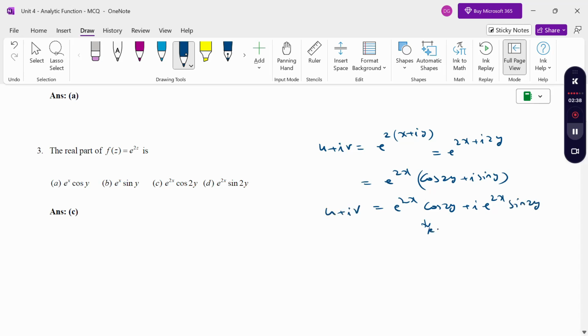So this is the real part, this is the imaginary part. Therefore the real part is u equal to e power 2x cos 2y. The option is C.